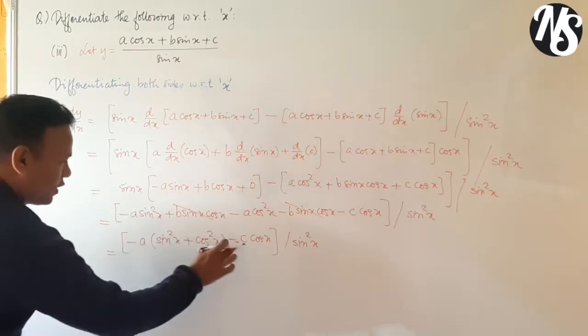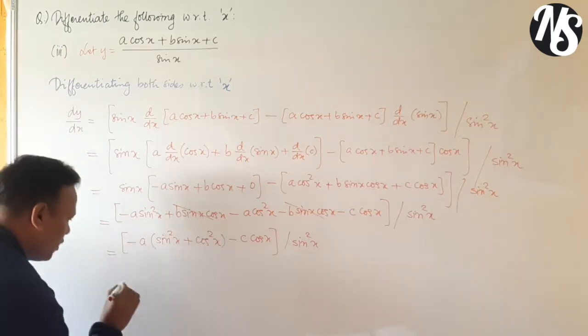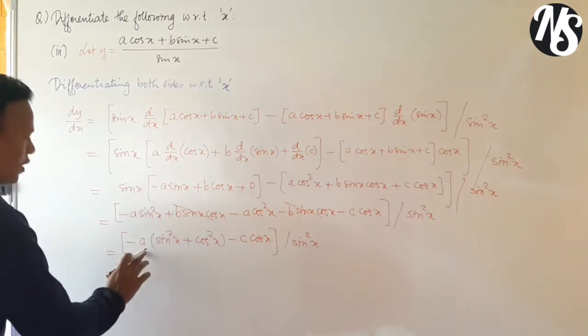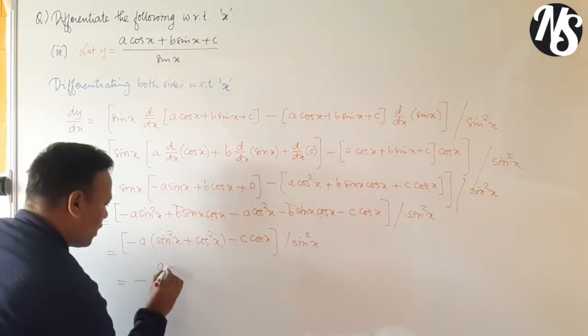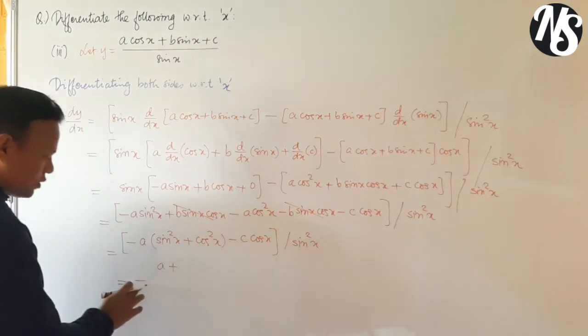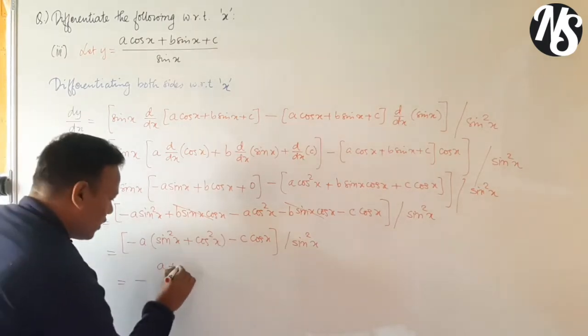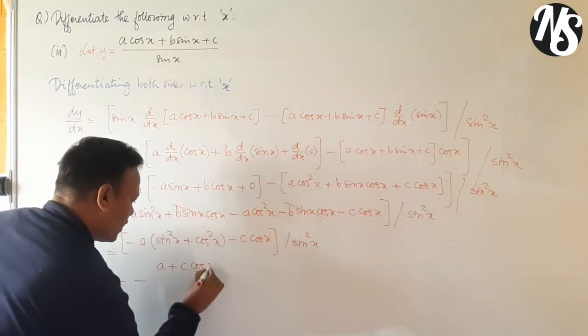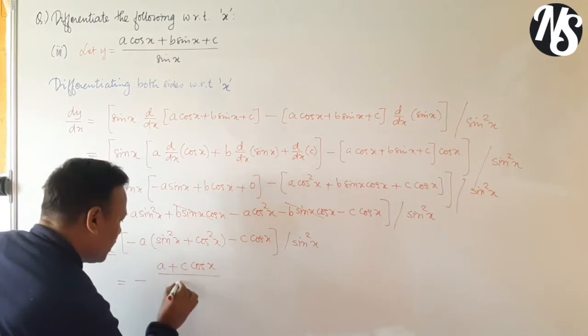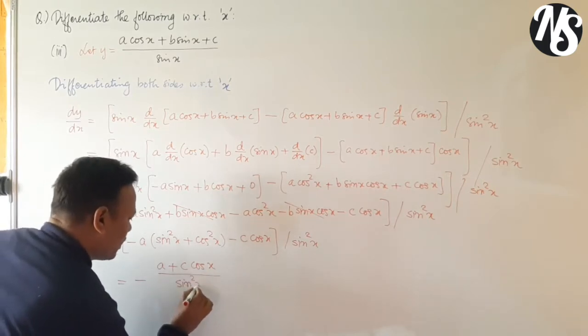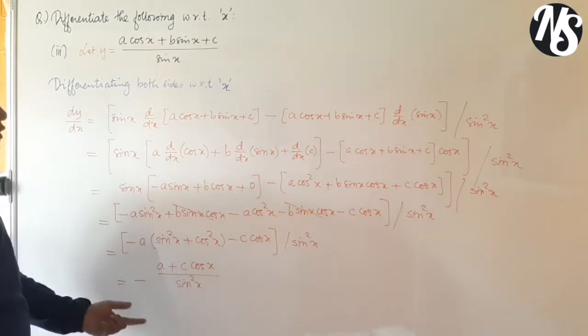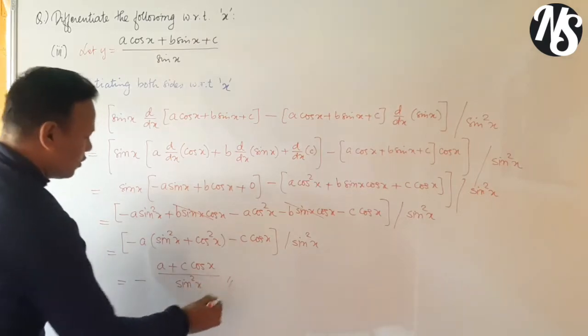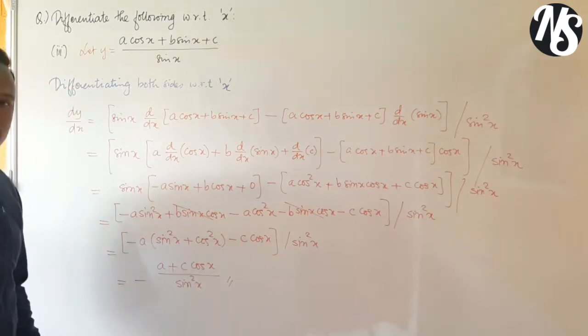So in fact you can take minus common. So let me keep minus common. In the numerator we have a plus, now this becomes plus because minus is kept outside. So we have c cos x divided by sine square x. Okay, so this is my answer. So you may pause the video and note it down.